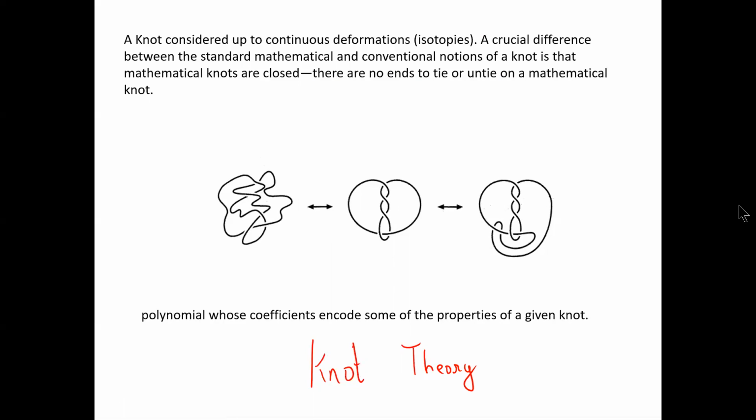When you start out with this scenario, you can deform it continuously, as much as you like, without cutting open the string. When you do that, you are not able to untie these knots. If you are able to untie the knot without cutting open the string, then it's not a knot mathematically.